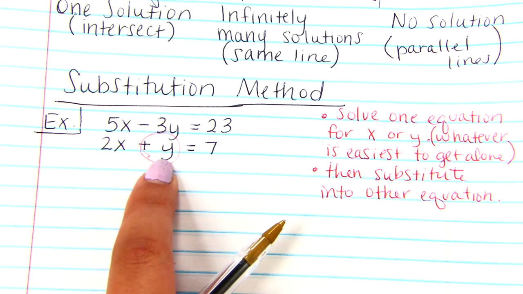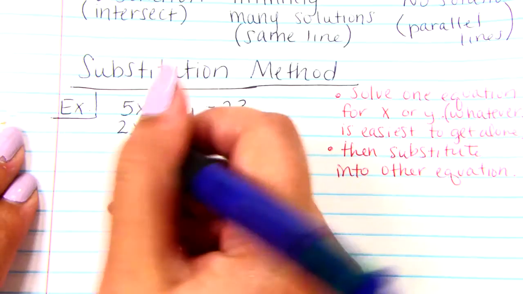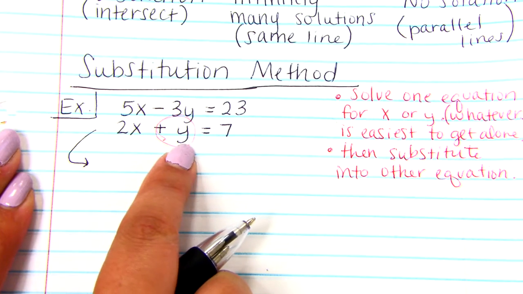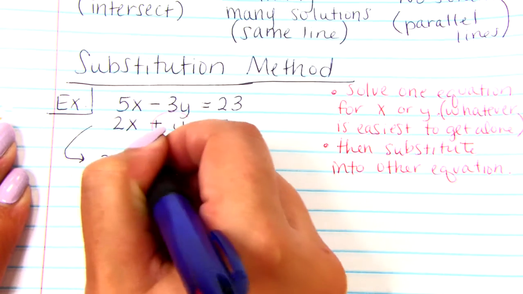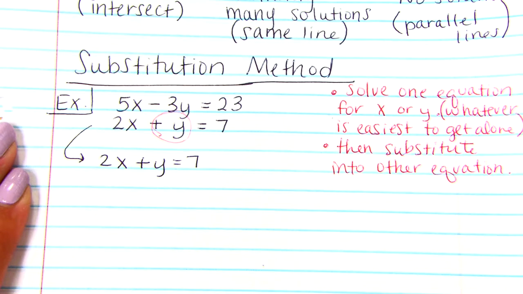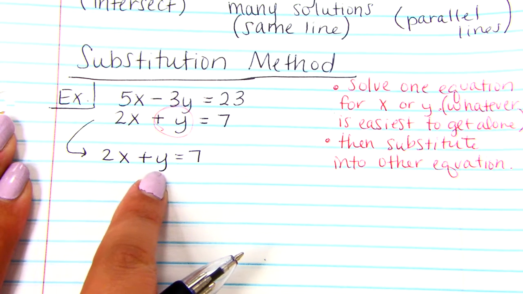Get that variable alone. So first, we're going to take our second equation, because we selected the second one because we think y is easiest to get alone, and we're going to get that variable by itself. So to get y by itself, y'all have been doing this for the graphing. What would you do?